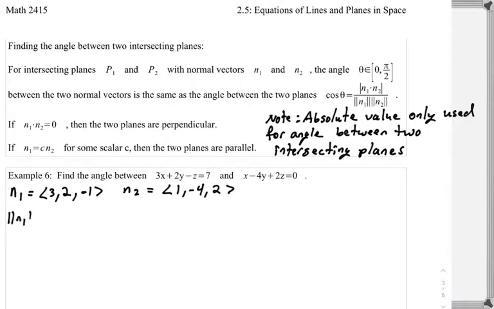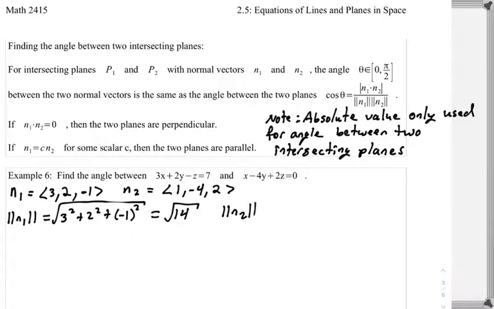So we need the magnitude of n1, which is going to be, I believe, the square root of 14. And the magnitude of the second normal vector, we'll go ahead and find that as well. I think it's going to be the square root of 21.